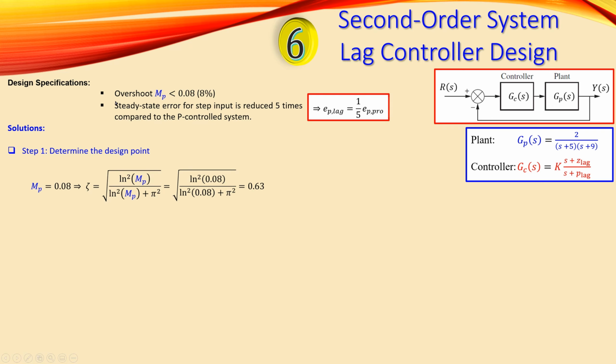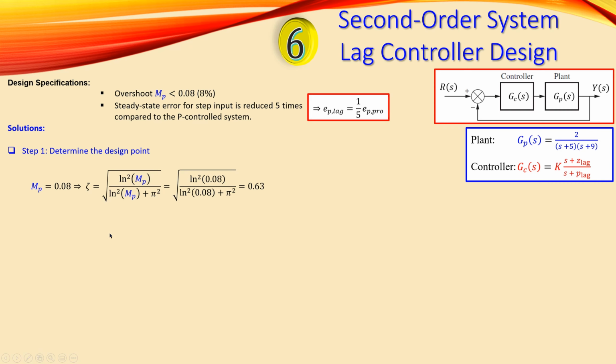Now, besides the overshoot, I don't have any additional information about the speed or other specifications. What you normally also have in these specifications is settling time or rise time or another parameter, which will allow you to determine, for example, the real part and the imaginary part in a more unique way.